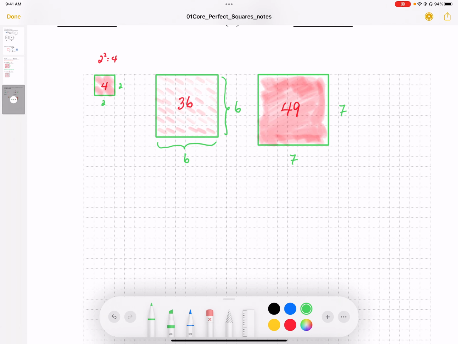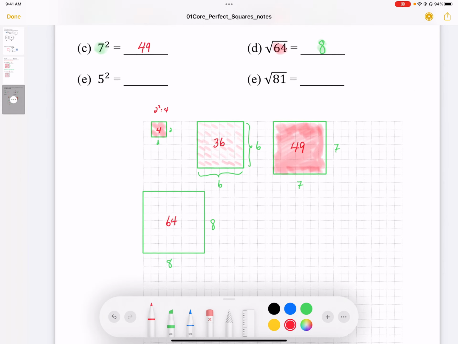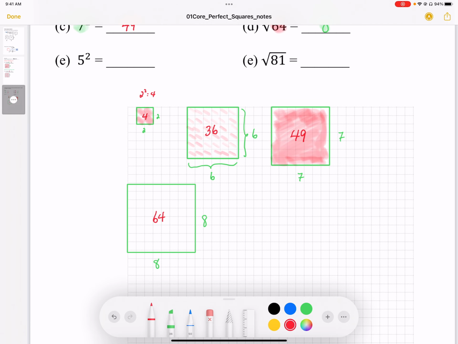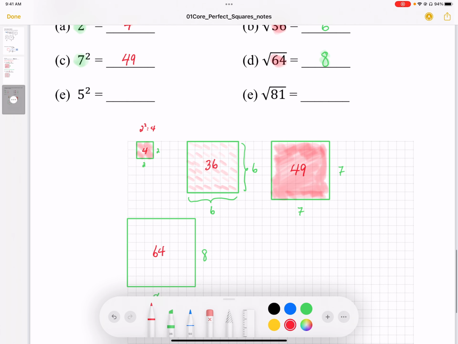I have 1, 2, 3, 4, 5, 6, 7, 8. So this is going to have an 8 by 8 square, and the area inside is going to be 64. So that's what square root 64 means. It's starting with an area of 64. The answer is going to be the edge length.